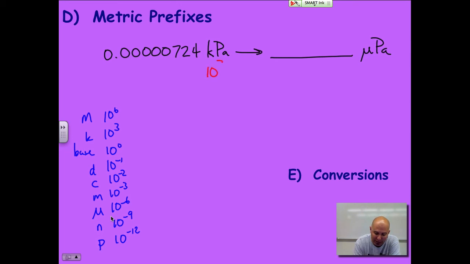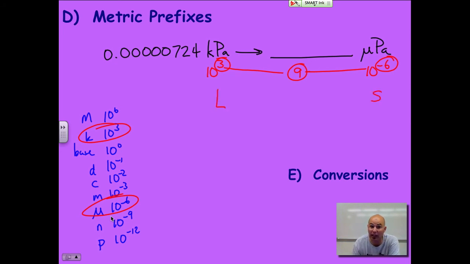Kilo is 10 to the third. Micro is 10 to the minus 6. We're talking about a 9-place move. Positive 3 to negative 6 is a 9-place move. Now which way? 3 is larger than negative 6. A positive 3 is a bigger number than a negative 6.